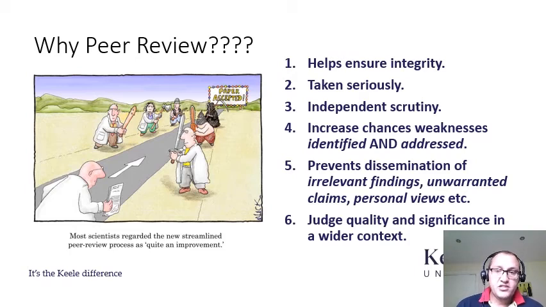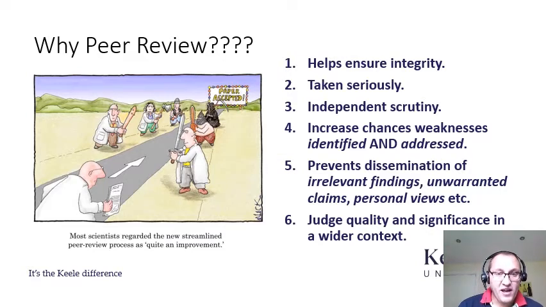It does prevent dissemination of irrelevant findings, unwarranted claims and personal views. It really allows what's been submitted to be tested. And if it passes peer review, then to a degree it has an element of quality. Now, there are accepted issues with the peer review process, which I won't really talk about, but peer review is accepted. You can see from this graphic, there's many graphics describing the peer review process as being incredibly rigorous.